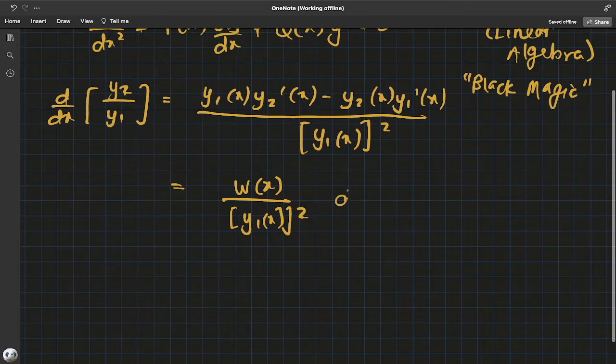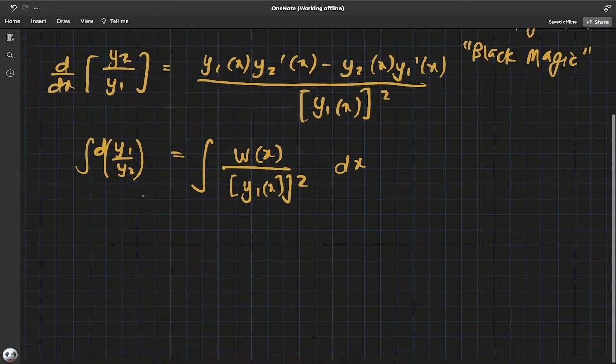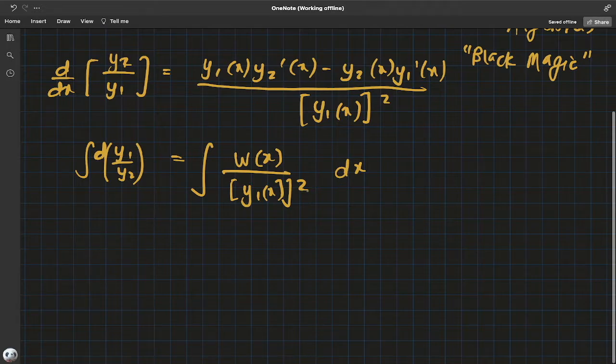And what if we just integrate with respect to x on both sides? So we have the differential of y2 over y1 and then the integral of this here.